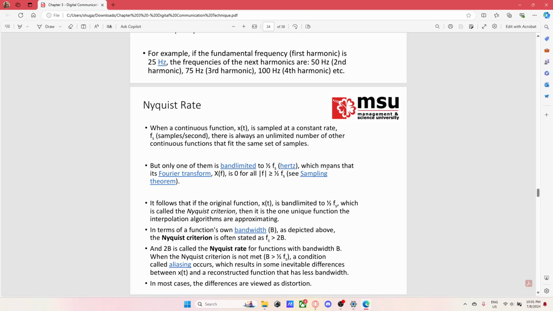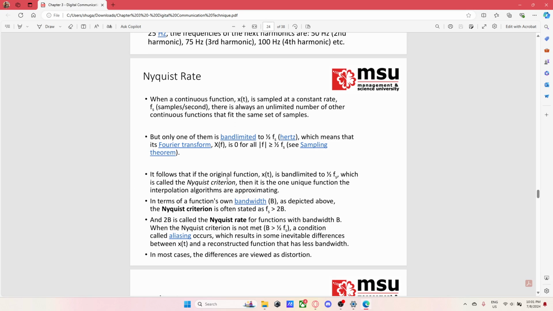Fs here refers to the sampling frequency, which means that its Fourier transform X(f) is 0 for all f more than 1 over 2 of the sampling frequency. So it follows that the original function x(t) is bandlimited to 1 over 2 Fs, which is called the Nyquist criterion. There is one unique function that interpolation algorithms are approximating.